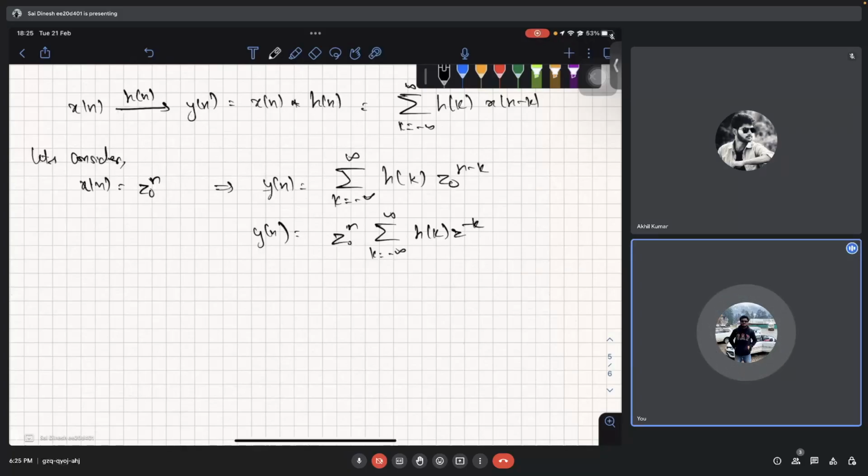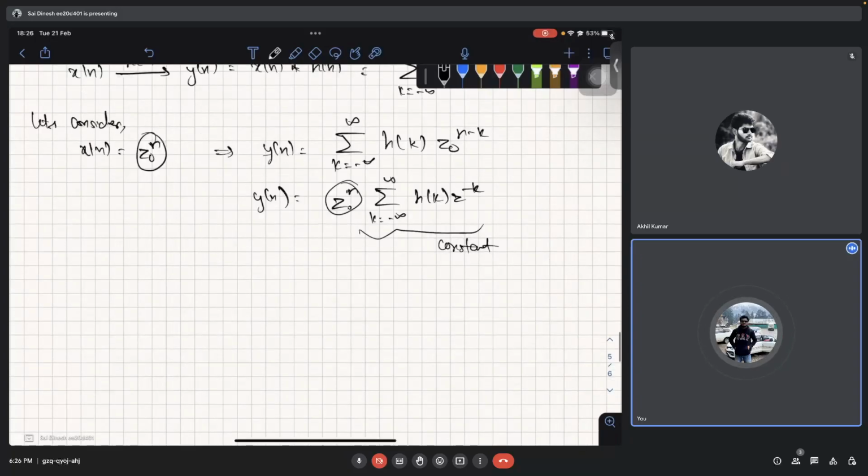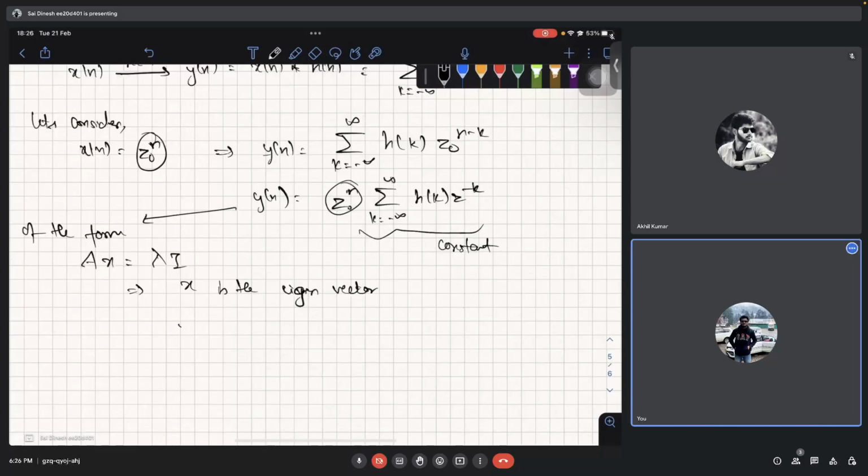So if the input is z naught power n, the output is also z naught power n times some constant value. So it's like A x equal to lambda x, which implies x is the eigenvector and lambda is the eigenvalue.